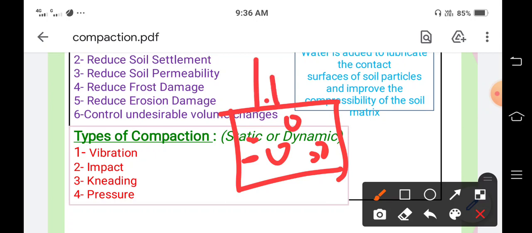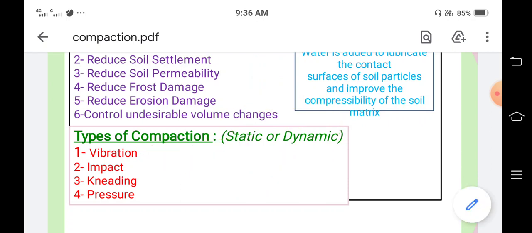Due to application of the load, these gaps are filled up. So when water comes into this soil strata, it has less gap for flowing from one place to another, so it also reduces the permeability.